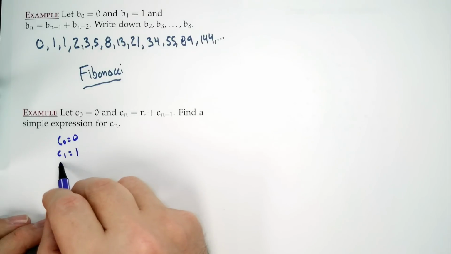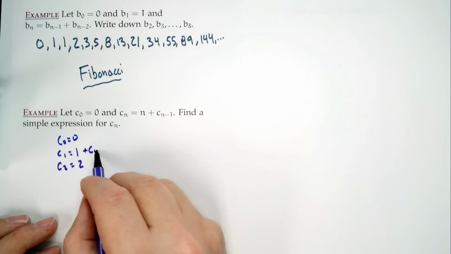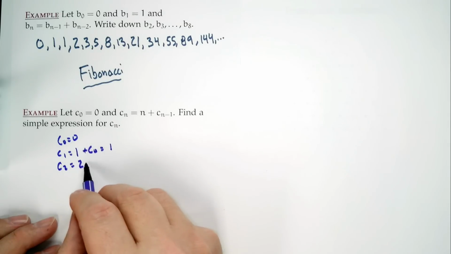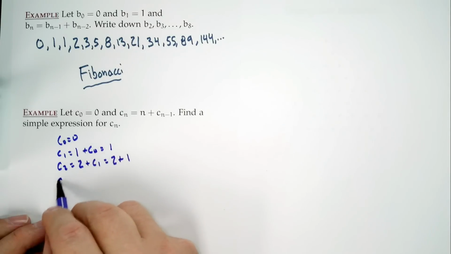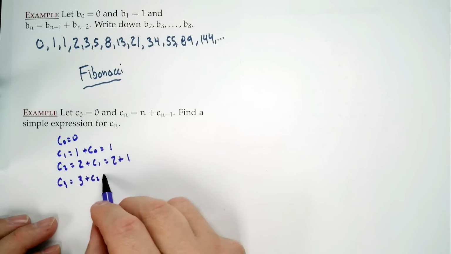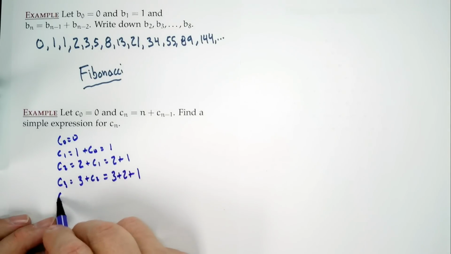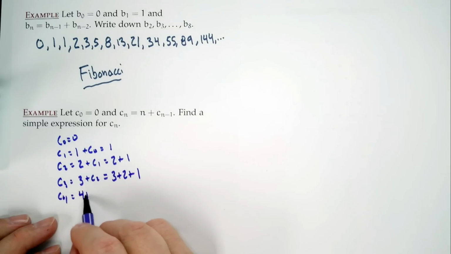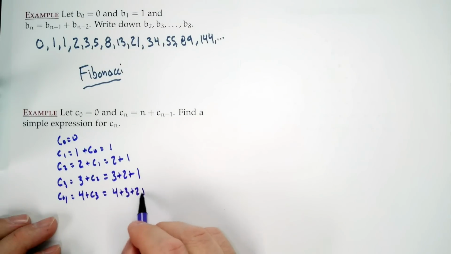Okay. c2 would be 2 plus c1, which is 2 plus 1. c3 would be 3 plus c2, which is 3 plus 2 plus 1. c4, 4 plus c3, so that's 4 plus 3 plus 2 plus 1.